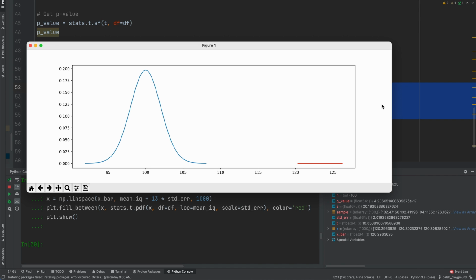And the probability is so, so, so small that we then can say, hey, the data scientists' average IQ is significantly bigger than the average IQ of the general population. So that's the whole gist of everything here.